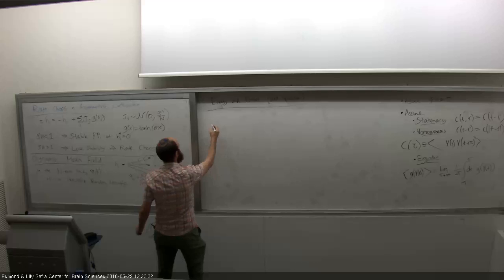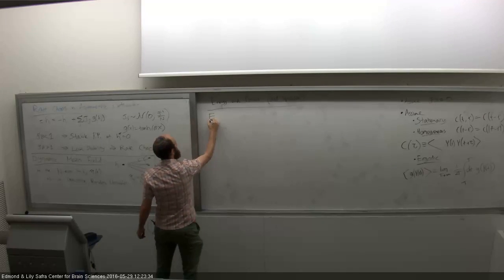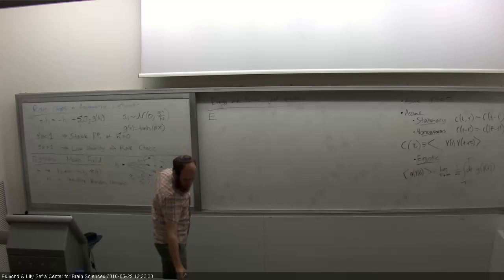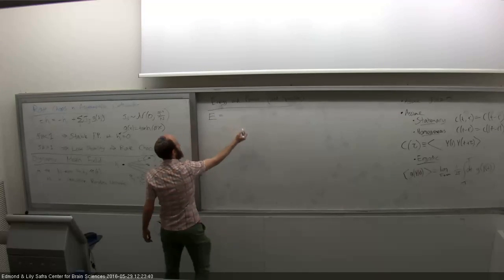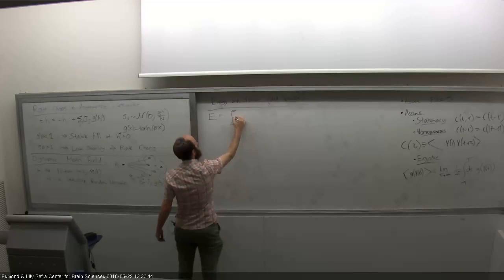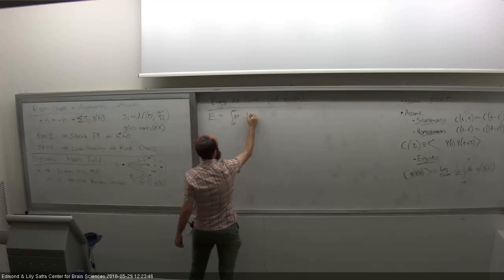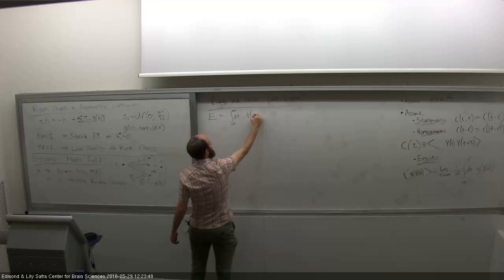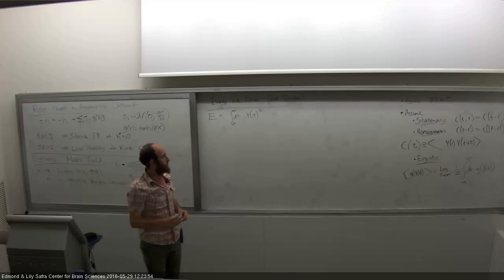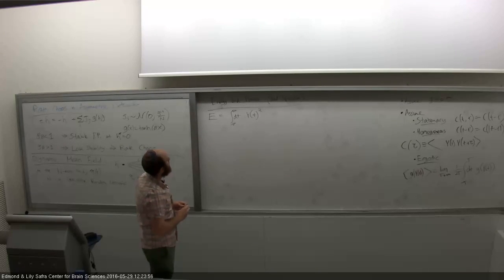So the energy of a signal or a random process is the integral over all time of the signal squared, simply the squared random process integrated over all time.